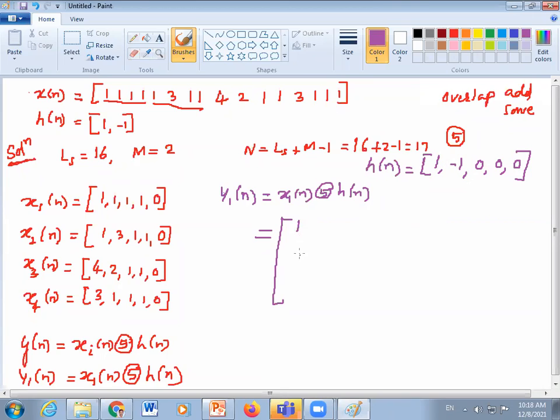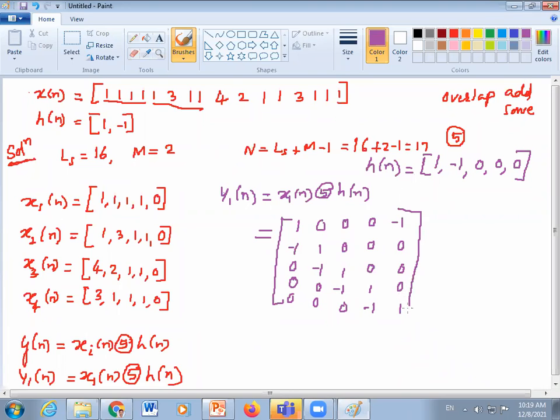So write the matrix now: 1, -1, 0, 0, 0, and this is 0, 1, -1, 0, 0, then again 0, 0, 1, -1, 0, then 0, 0, 0, it's +1 and -1, and lastly it is -1, 0, 0, 0, 1.